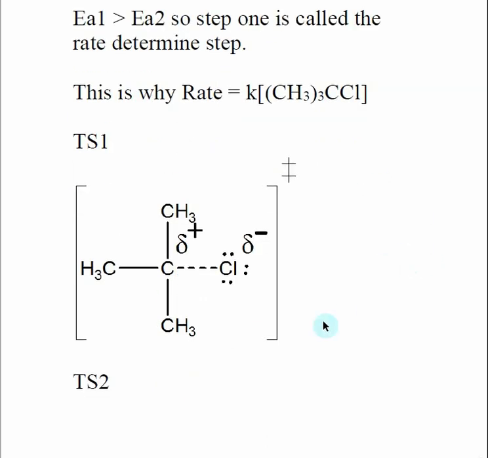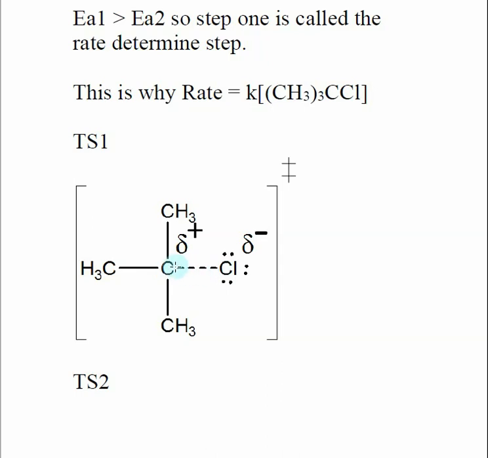So in the first one, what's going on is we are going from a halogen and then we're going to a carbocation. So during the first step, we actually break this carbon-chlorine bond. In my transition state, we are halfway in between doing that. So this is why one bond is partial. So we are in the process of breaking this carbon-chlorine bond.